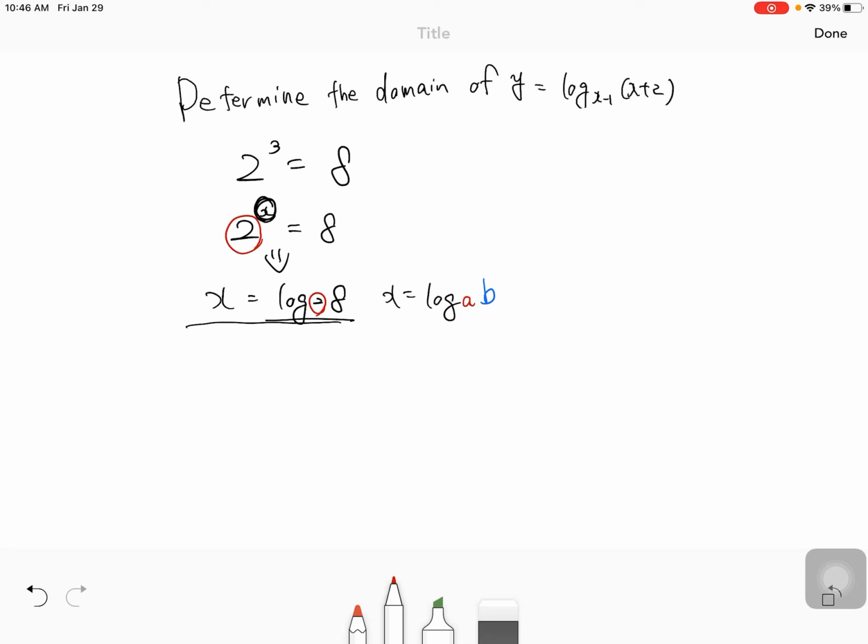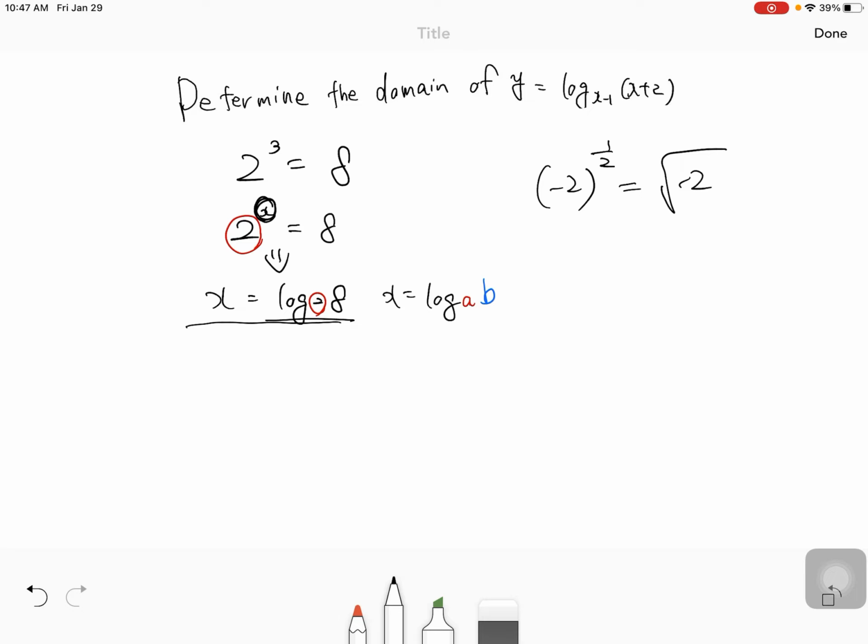I mean here, the value of a. The value of a cannot be negative. That's because, I'll give you an example. If the base is negative, and if the exponent is 1 over 2, it's going to be the square root of negative 2.